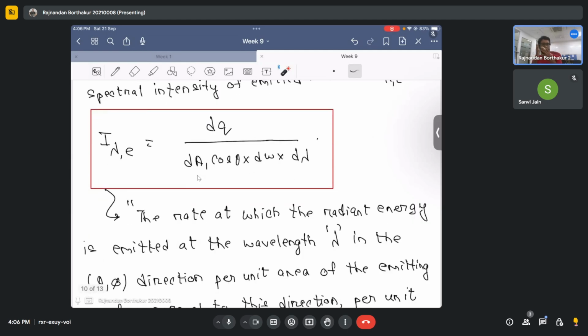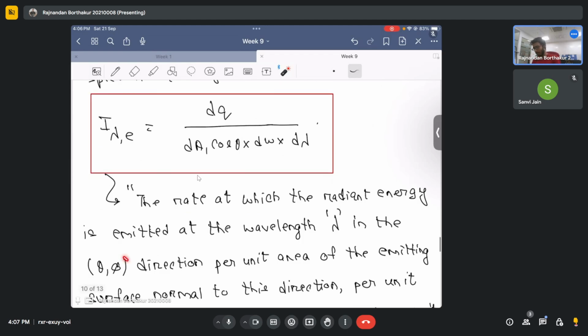The net radiant energy being emitted at a particular wavelength also depends on which direction it is being emitted, that is, it's a function of the azimuthal and the zenith angle, as you can see from this figure.